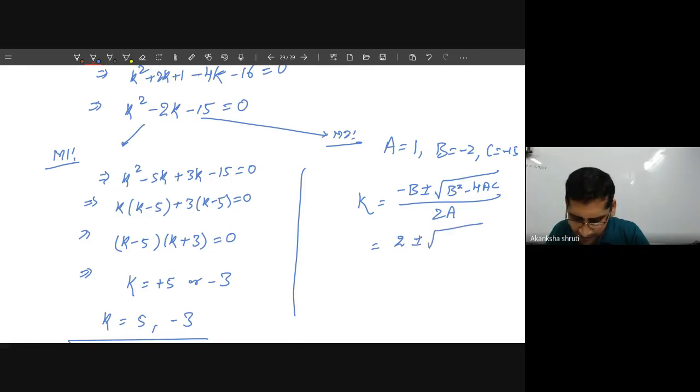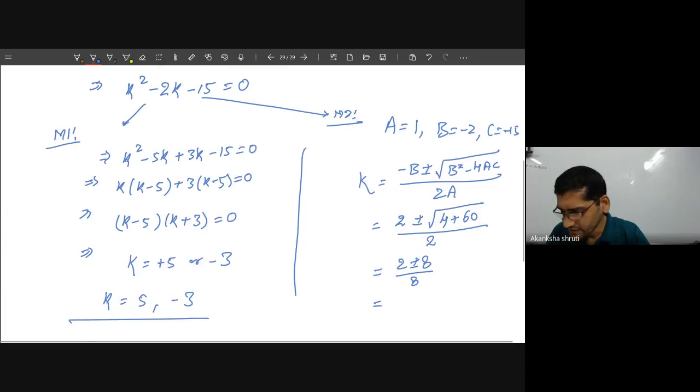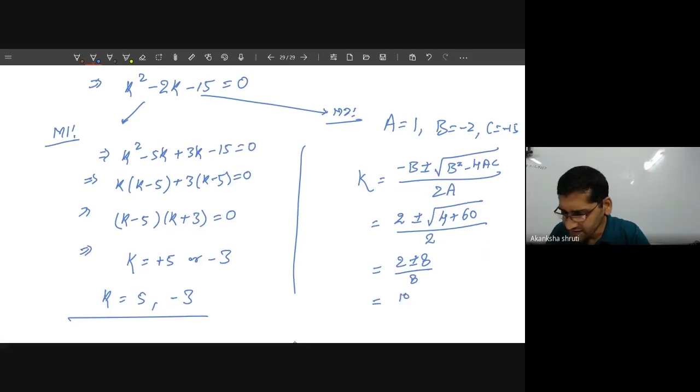I'm going to write it directly. b² means (−2)² is 4, and 4ac is 4 × 15, and it is negative, so it turns into plus, it becomes 60. 4 into 15 is 60, by 2a, a is 1. So it is 2 ± √64, which is 8, by 8. So taking the plus, 10 by 8. Why are we getting a different result? Some error is there. Or minus 4.